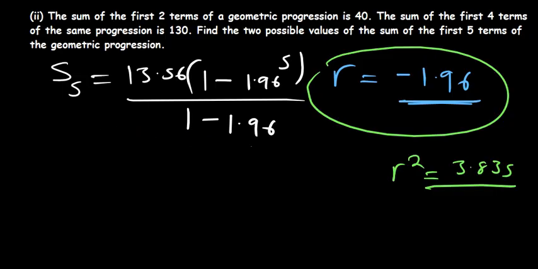So 1.96 raised to the power 5, right? Okay, so I'm getting 28.9 after squaring that, and then if you subtract it from 1, you get negative 27. Multiply by that, 13.56. I'll do that again.